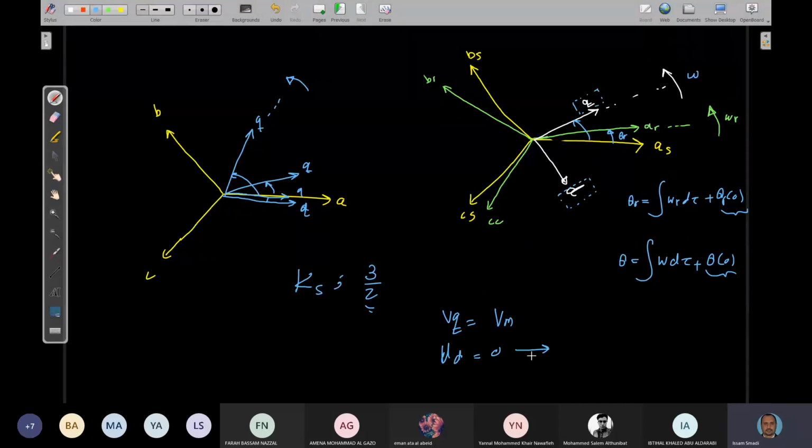If this is correct, then simply this means that now the reference frame is attached to the direction that I needed. Understood? Good. Do you have any question?